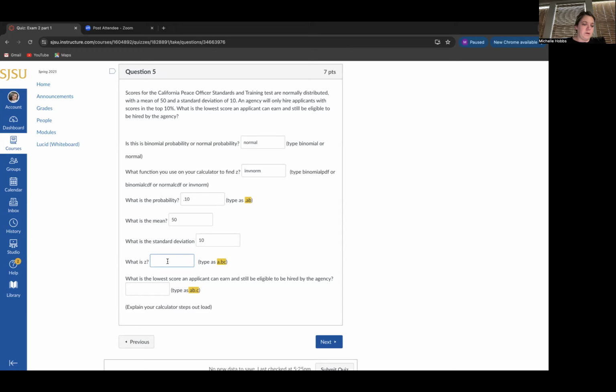Z is going to be the inverse norm. Top 10% is the 90th percentile.